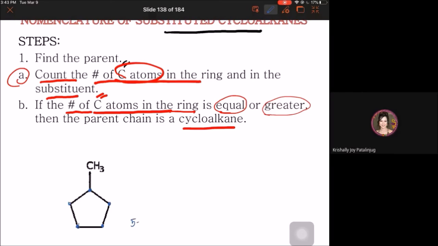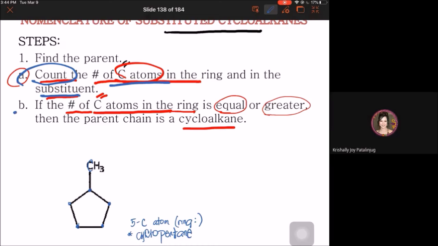With 5 carbon atoms in the ring, this would be cyclopentane. Also, you have to count the number of carbon atoms present in the substituent. Obviously, this substituent only contains 1 carbon.